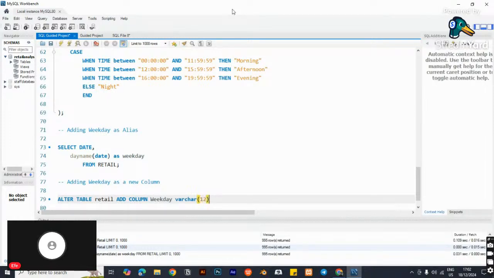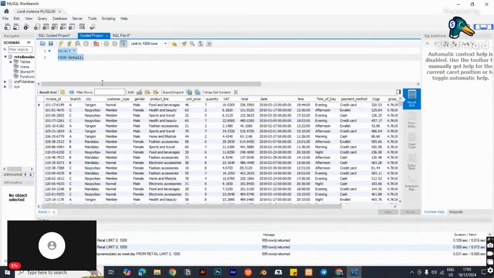Remember, you tailor the length of your data according to what you are storing. Then we say after date. This is the after keyword, so we are directing where the column will be within the data set. After date, there's a column called date. Let's be sure. So we have the date column here, and we want to put it after date.